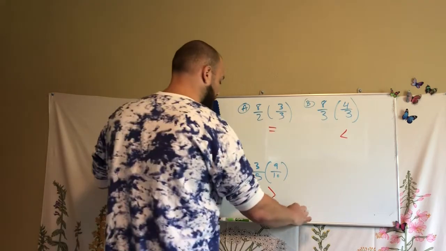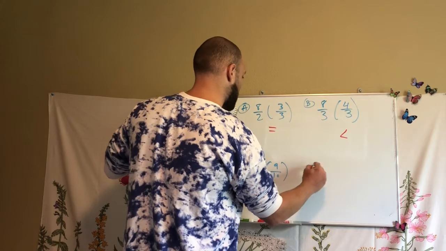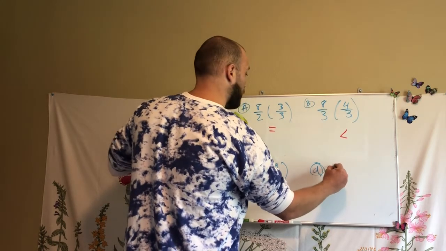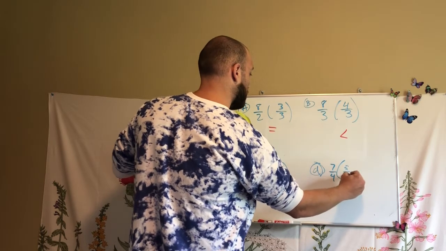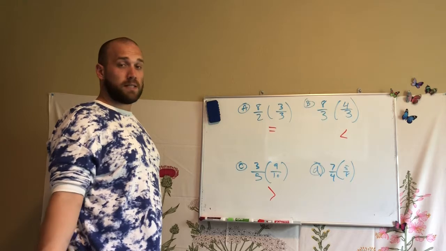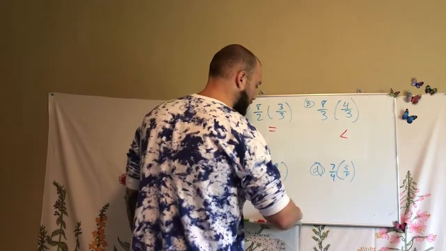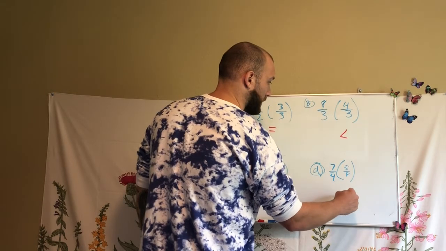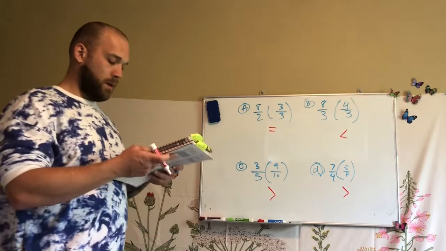And problem D. Seven fourths times 5/8. Is 5/8 more than 1, equal to 1, or less than 1? 5/8 is less than 1. So you know your beginning number is still bigger.